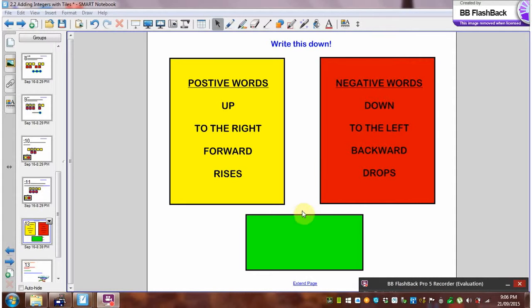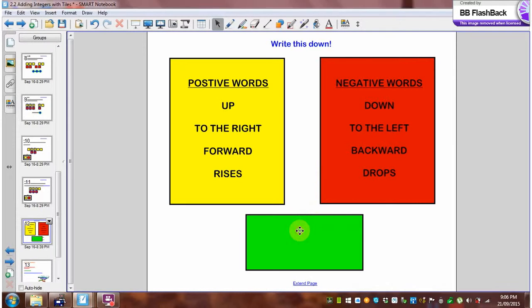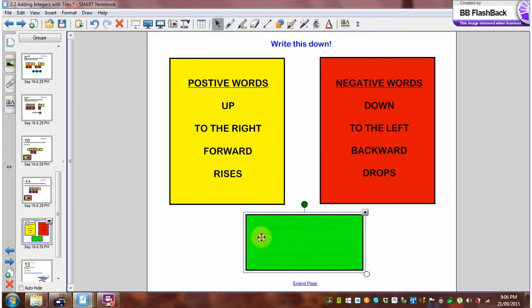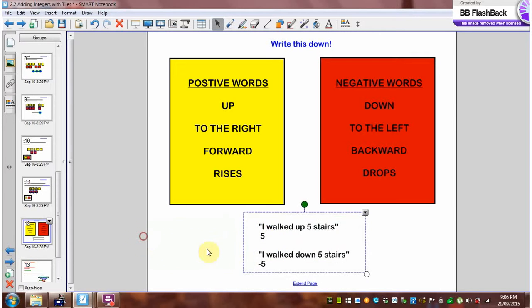So the last little thing I want you to write down is just a little example here. I want you to put, I walked up 5 stairs, and we see 5. You can even write that as a positive 5 with a positive out front, but I just wrote it as 5 now. Okay, just a quick little note.